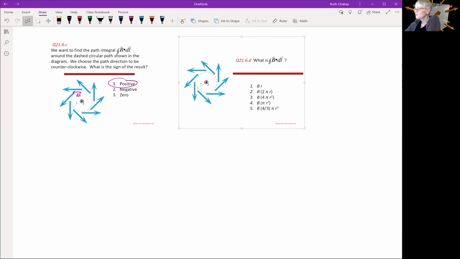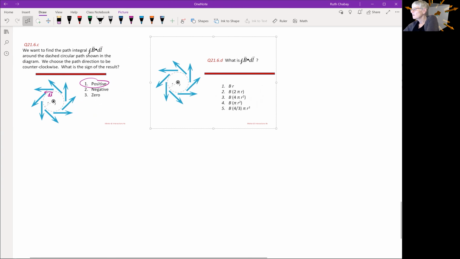Okay, so let's look at this integral. We've got the integral of B dot dl. Let's write it out.